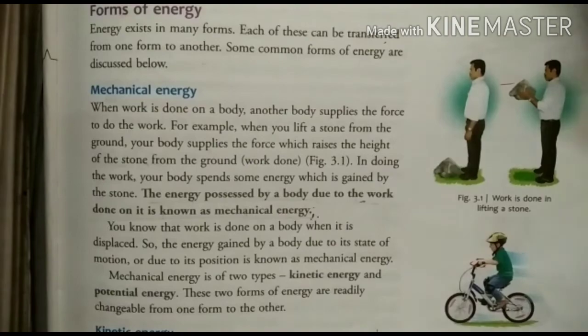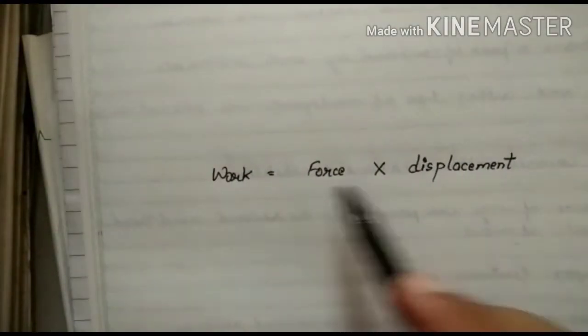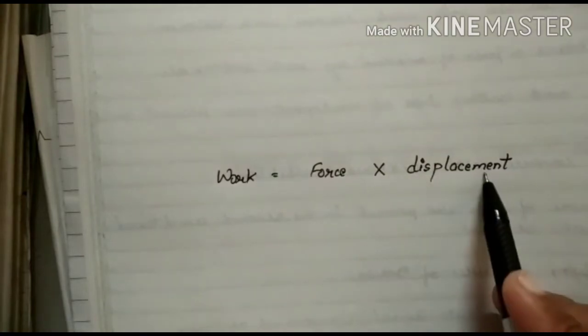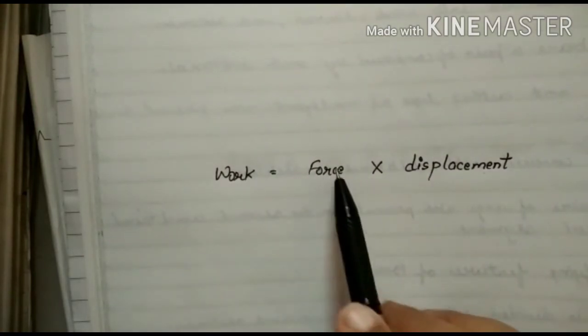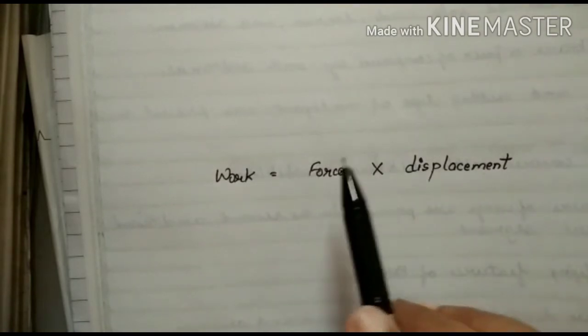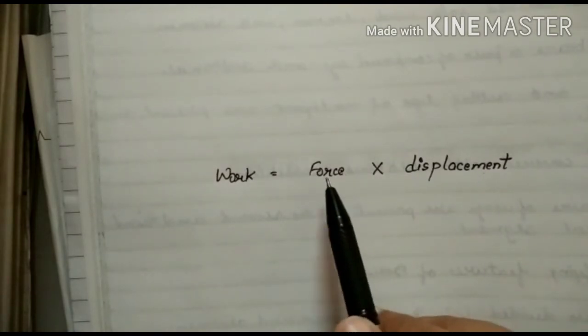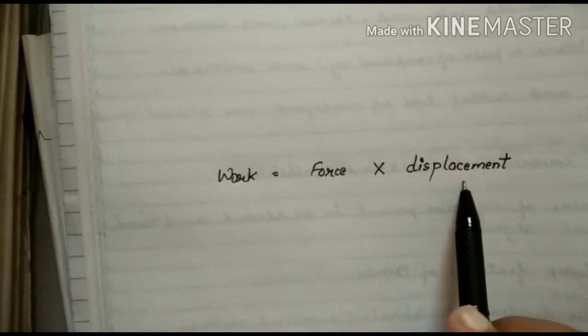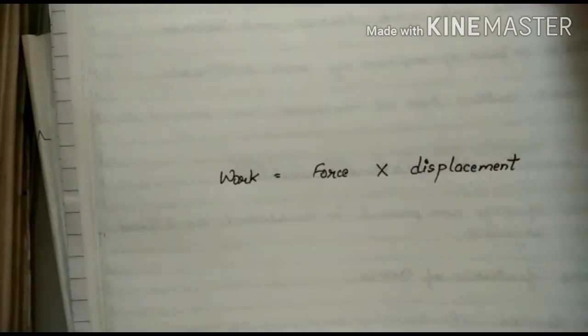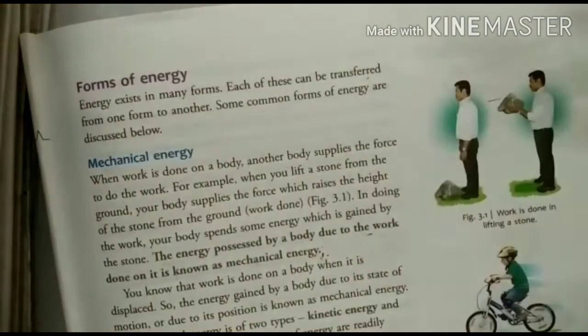So work is the product of force and displacement. You can write work is equal to force times displacement. So when force is applied on the object, and due to this applied force the object gets displaced, in that condition the work is said to be done.